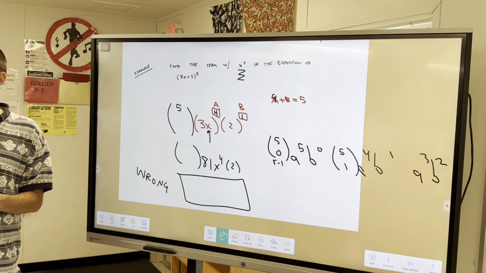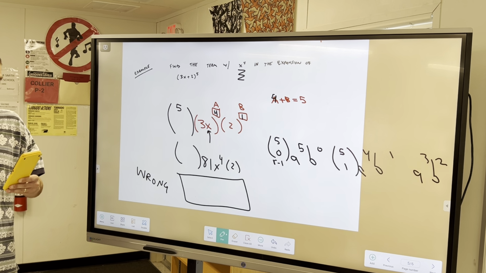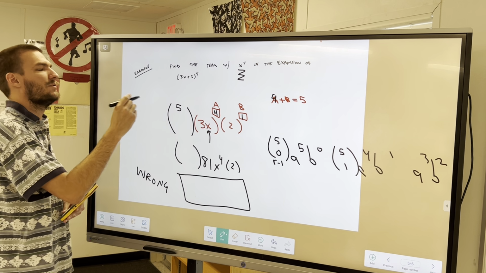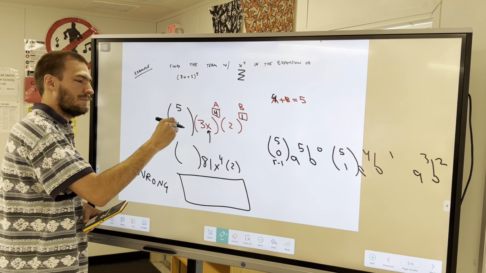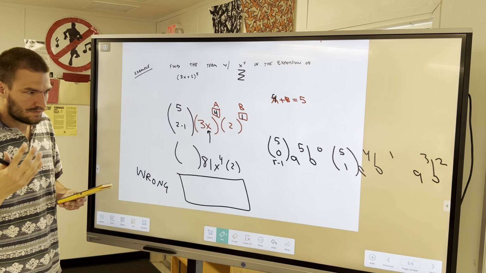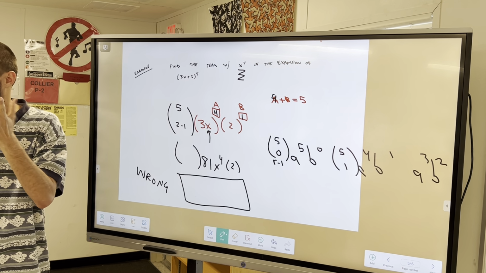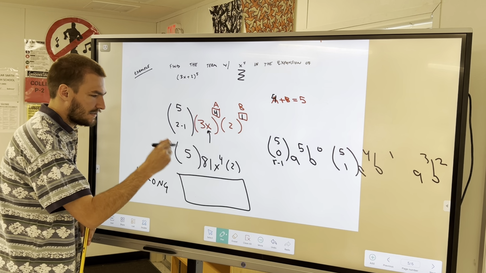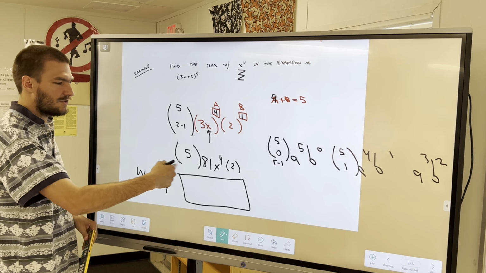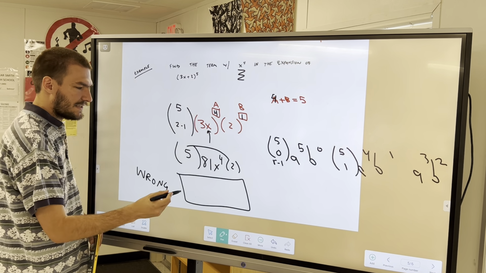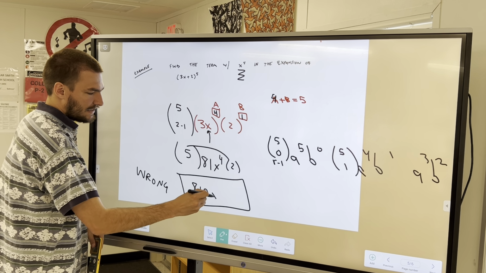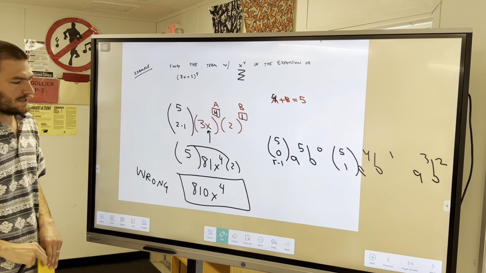Does that make sense? I mean, like the second term. Okay, excellent. So the second term, which is 5 choose 2 minus 1, which is like 5 choose 1. And if you've got 5 things and you're choosing one of them, you've got 5 again. So this should be times 5. And this is easy to do in our head because 5 times 2 makes 10. 810x power 4.